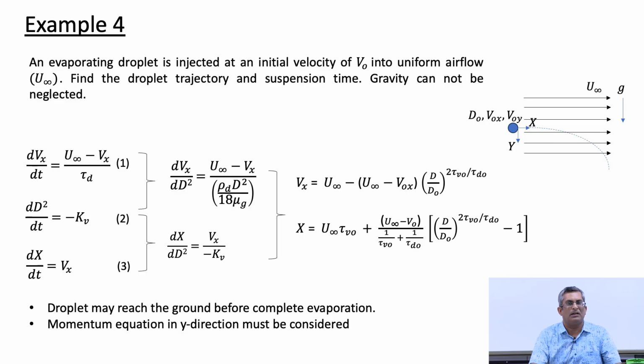So how do we approach this? Again, like the previous case, here we have to solve the momentum equation and the mass conservation equation or the d square law. However, now we have both components present.